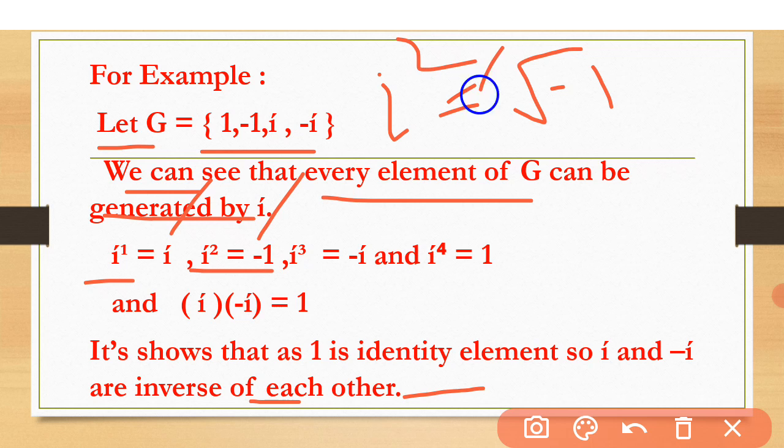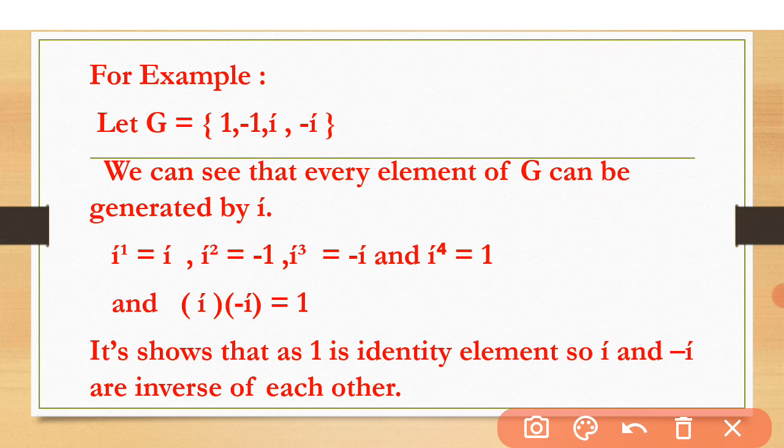When we take the square, the square cancels the square root and gives us minus 1. Similarly, iota cubed is equal to minus iota and iota raised to power 4 is equal to 1. Hence, all the elements of G, 1, minus 1, iota, and minus iota, are generated by iota.